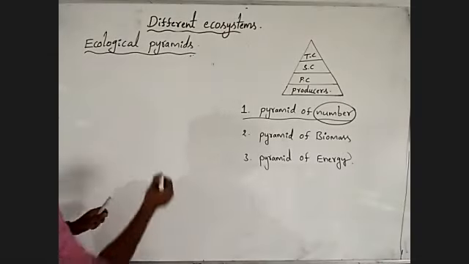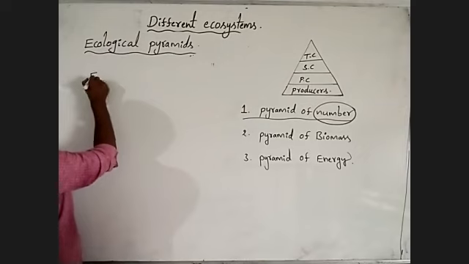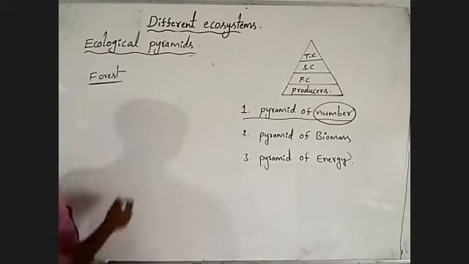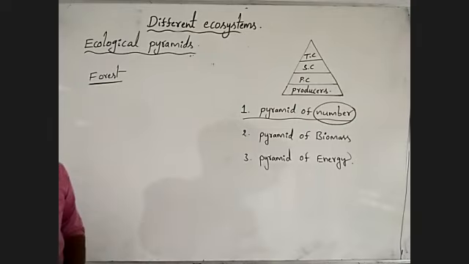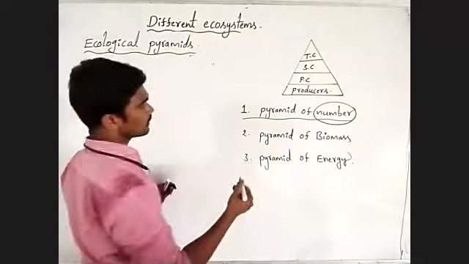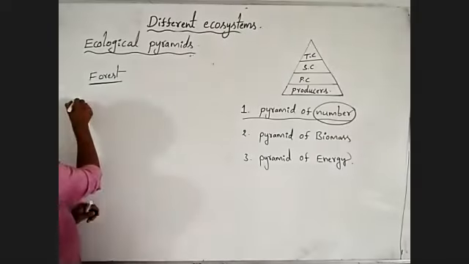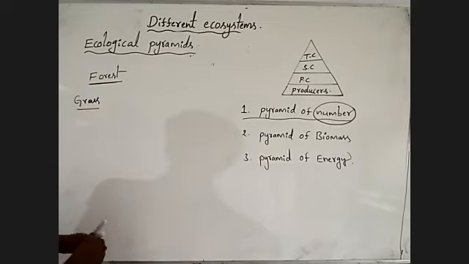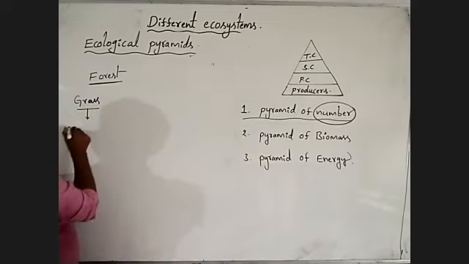Understanding? For example, take a forest ecosystem. Here in the forest ecosystem, for example, grass. This is actually the producer. Grass are plants.